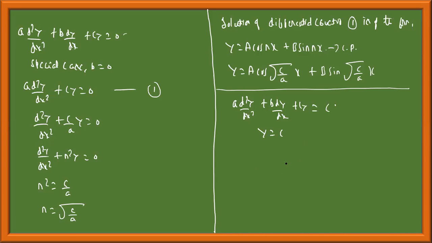The solution of this type of differential equation is of the format y = a cos nx + b sin nx + particular integral, that is, y = a cos nx + b sin nx + c.